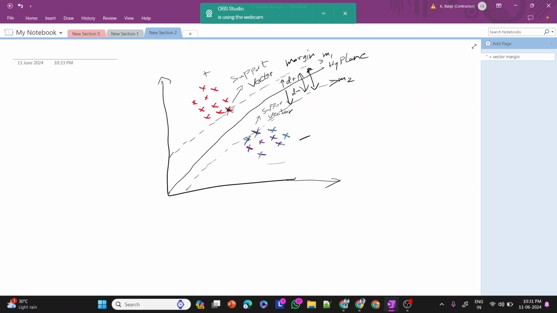We find a hyperplane in a straight format, and this hyperplane linearly separates each group. So this model is called a linear SVM model.